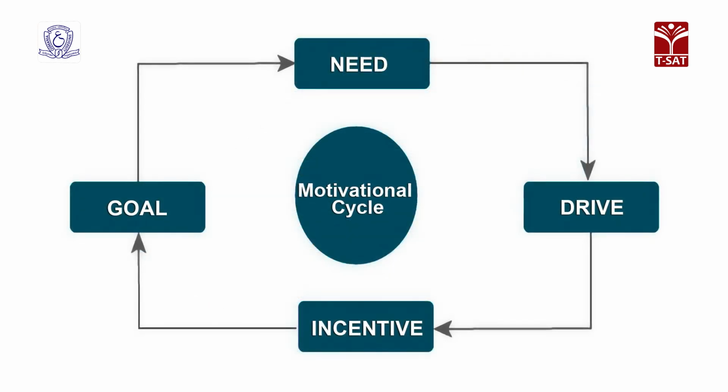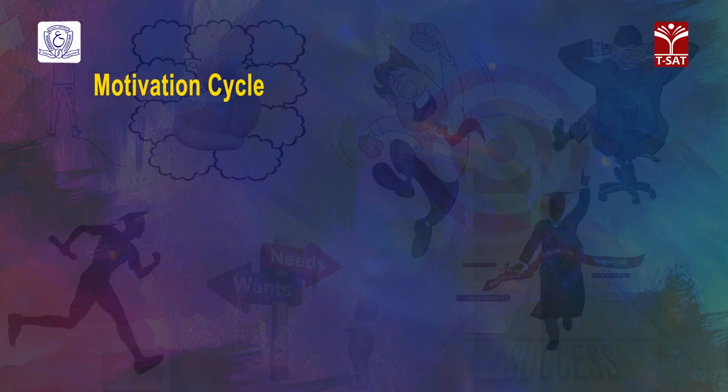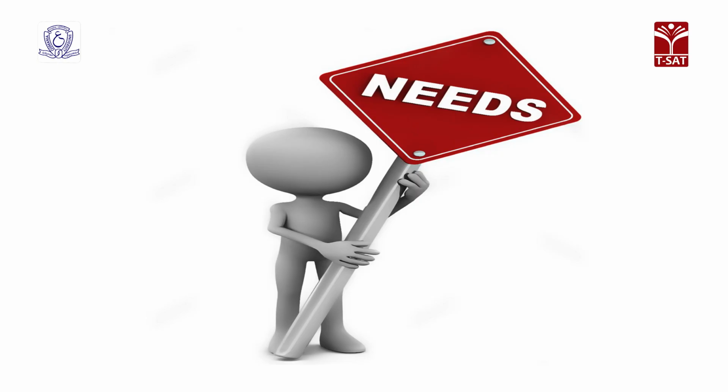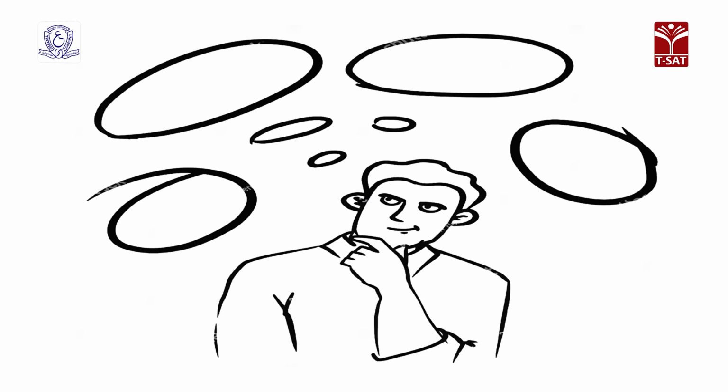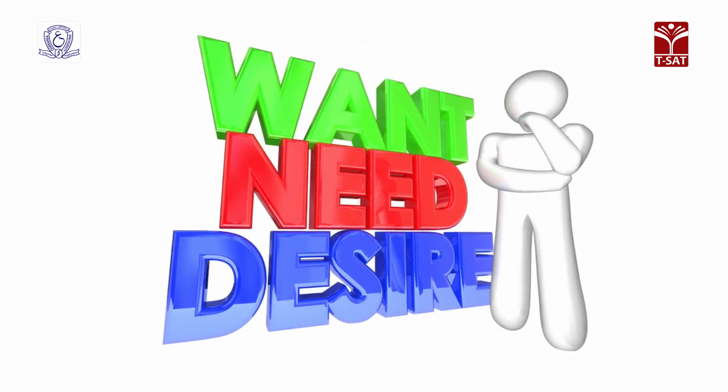Now, let us understand the concepts that we have seen in the motivation cycle. The first concept is need. A need is a lack or deficit of some necessity. It is a state of physical deprivation that causes tension within an organism.